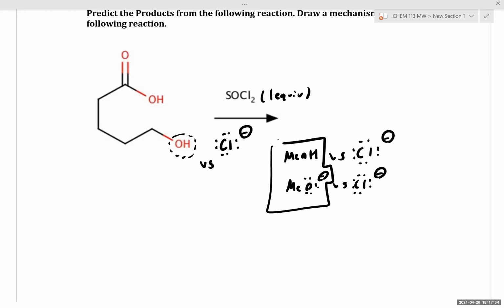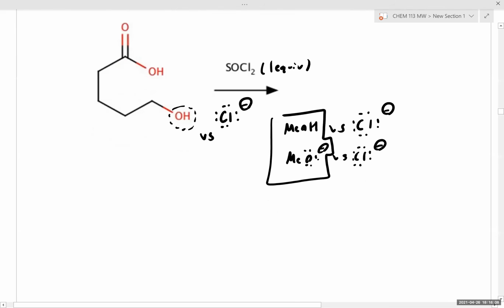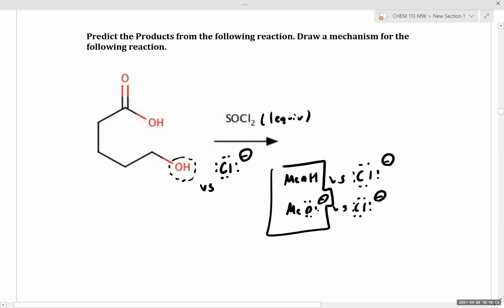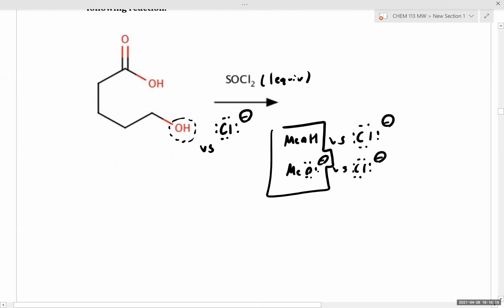Now, does that idea make sense? So why am I bringing it up in this case? Well, in this case, we're looking at treatment of a carboxylic acid with thionyl chloride, but we have an internal nucleophile.